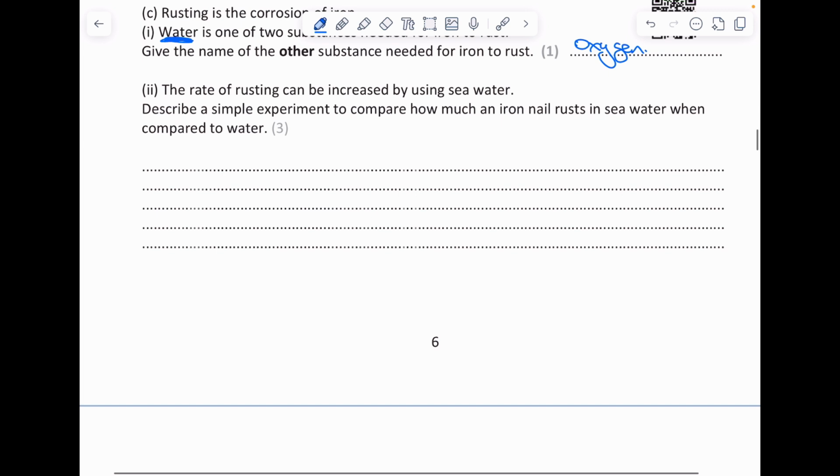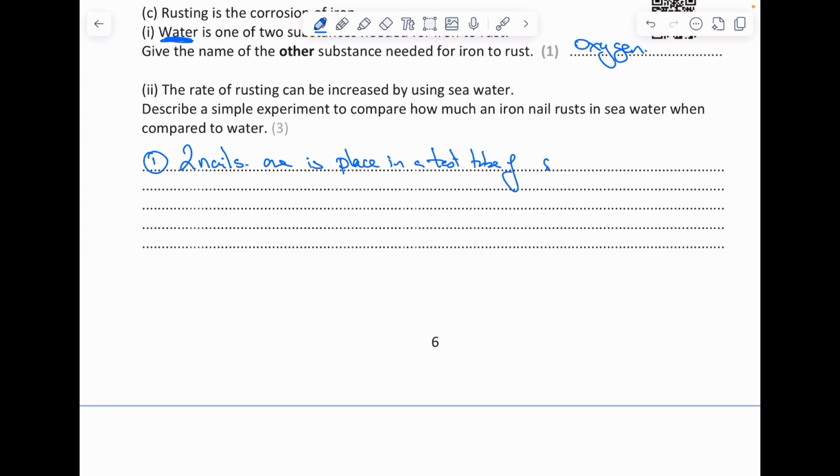So what you would do here is you would get two nails, and one is placed in a test tube of seawater.